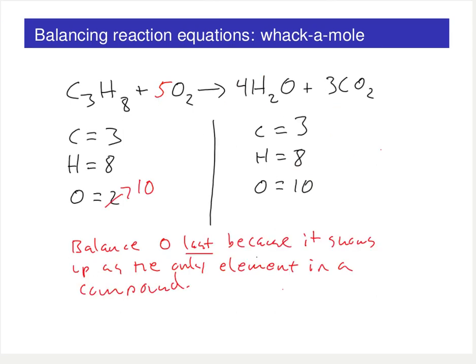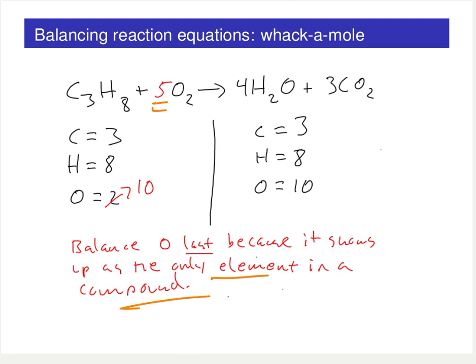Okay, then as a last step, we can come in and introduce that stoichiometric coefficient, in this case of 5, in front of that oxygen molecule, and we can safely do that, balance oxygen, and once again, not perturb any of the other atom type numbers, because in our O2 molecule, oxygen is the only element, okay?